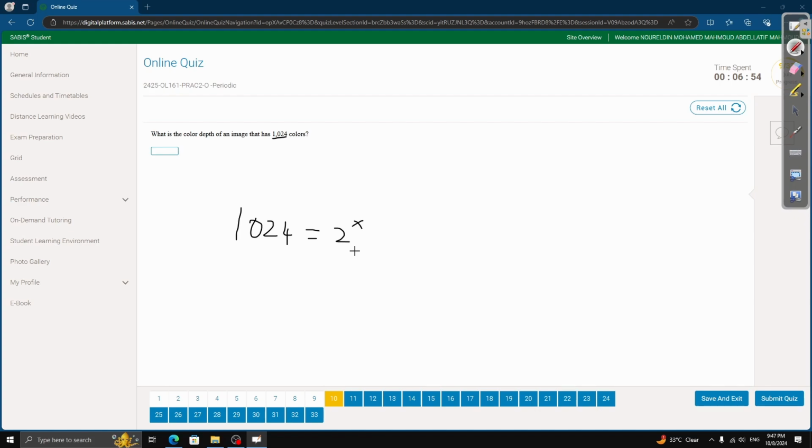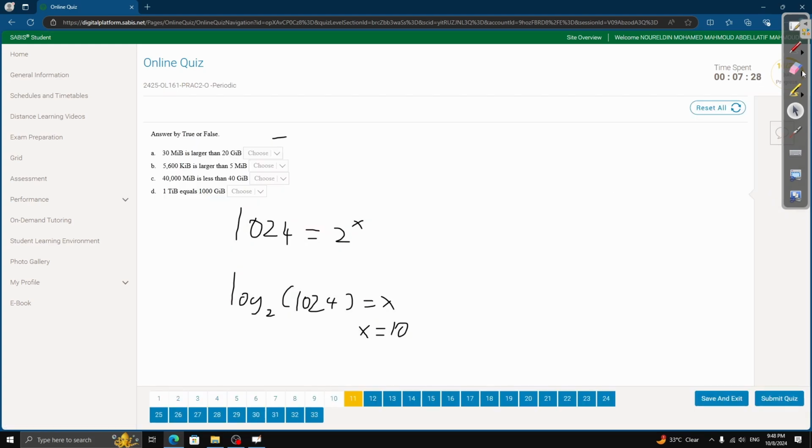You can either find x by guessing, or you can use logarithms, which is basically log base 2 of 1024 is equal to x, and x is equal to 10. But I do suggest memorizing, because if you don't know what a logarithm is, then you'll need to use the calculator, but calculators aren't allowed, so I suggest substituting until you get it.